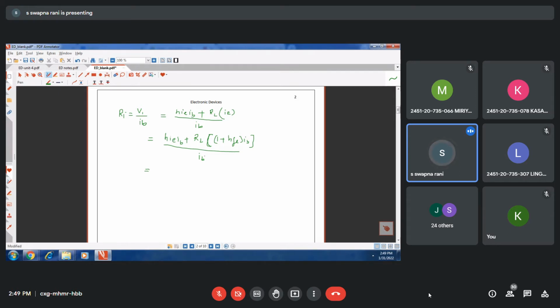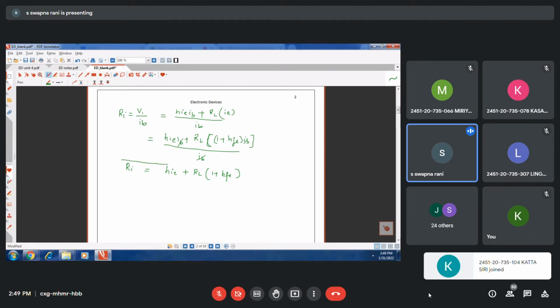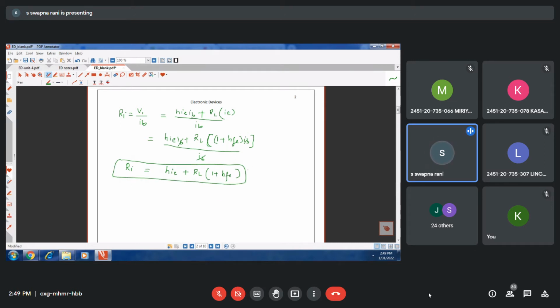So IB, IB. This is the input impedance of the common collector, which is very, very high, highest among all the three configurations.